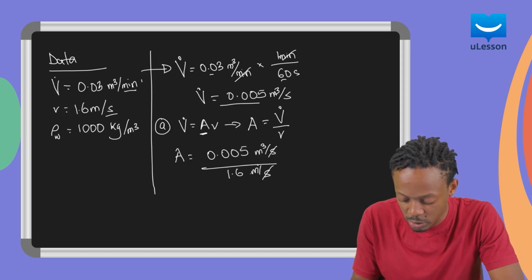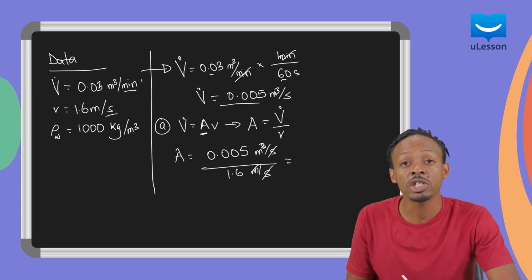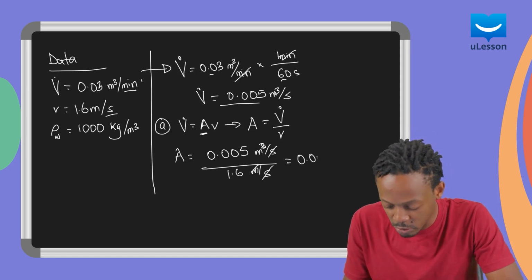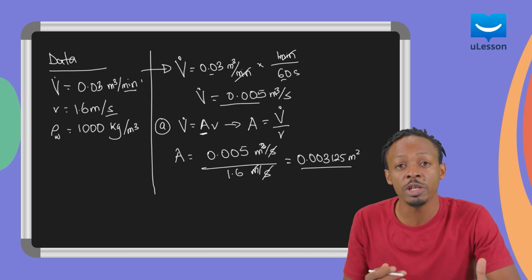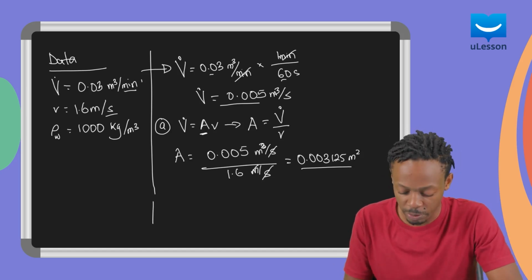The units cancel, and we get the cross-sectional area of this pipe should be 0.003125 square meters.